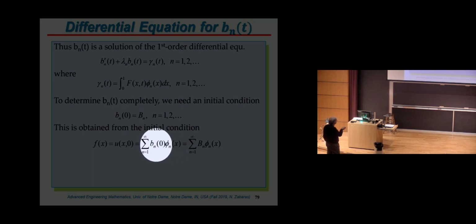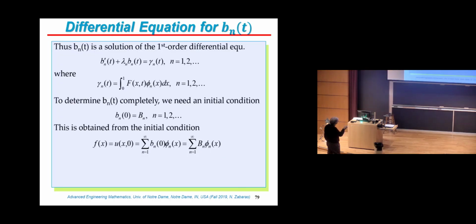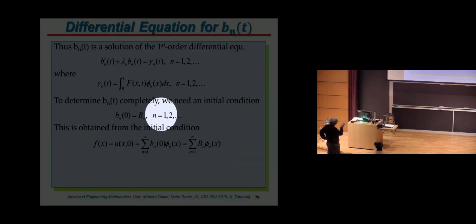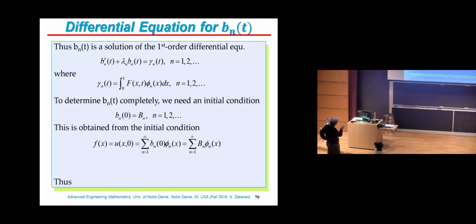If I take this at time 0, the temperature at time 0 is given as f of x. So effectively, the coefficients at time 0 are nothing else but the coefficients in the expansion of the initial temperature in the eigenfunctions of the homogeneous problem. We're done. So we have initial conditions for this given by these known coefficients Bn, all right?